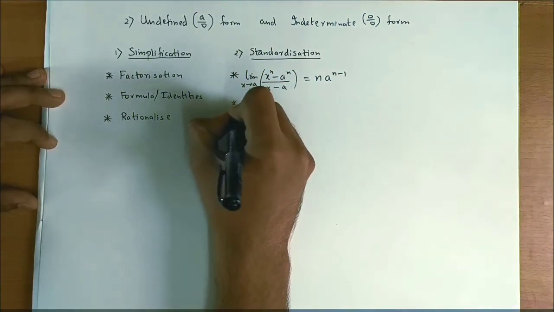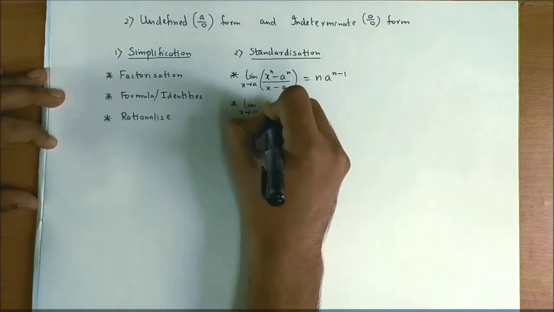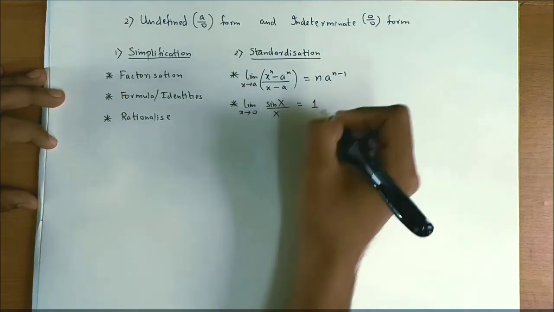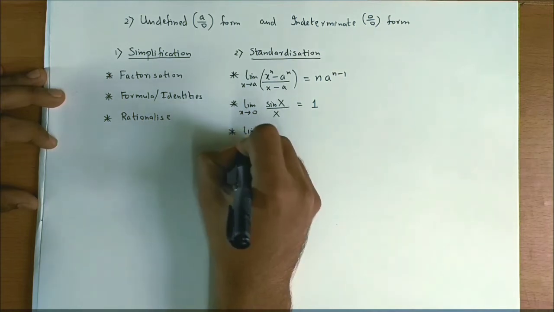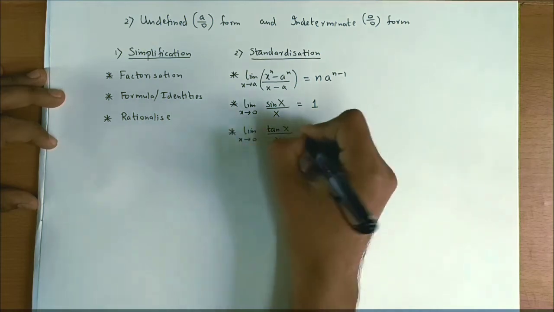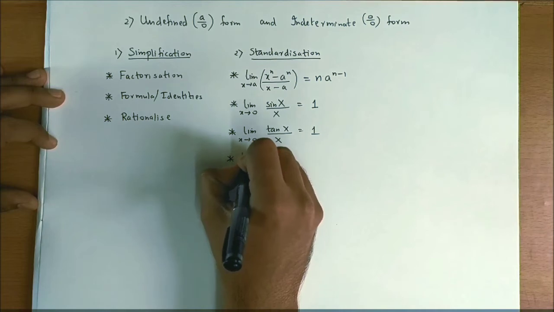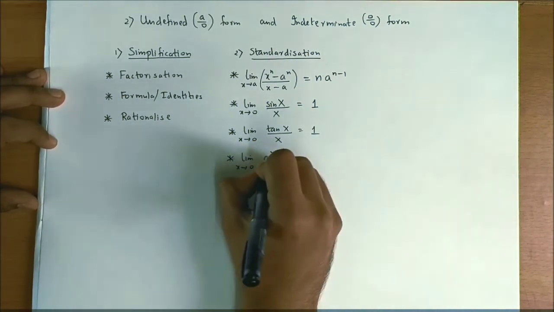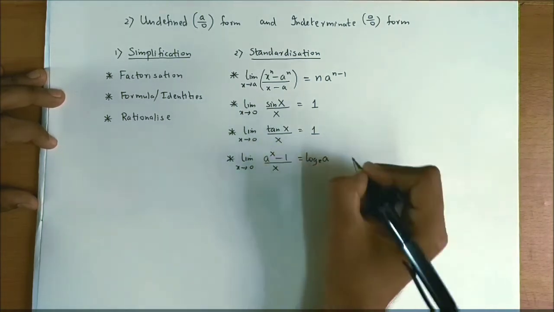Now the second standard limit is limit of, as x approaches 0, sine x upon x. The value is 1. The third one is limit as x approaches 0, tan x upon x, which is also equal to 1. The fourth one is limit, again x approaches 0, of a raised to x minus 1 upon x, and its value is log of a to the base e.